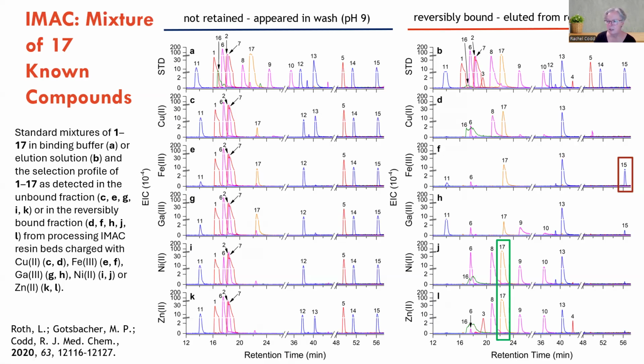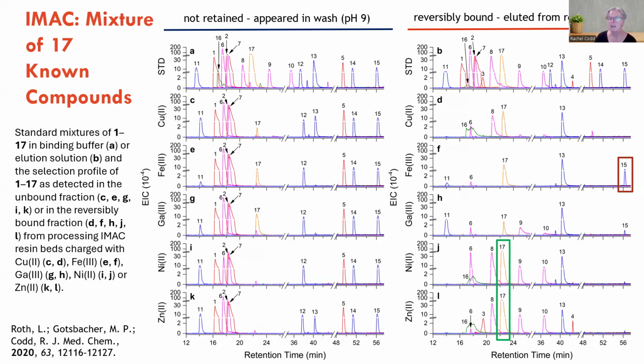It didn't bind to the copper resin. It bound in very low levels to the gallium. It didn't bind to the nickel, and it didn't bind to the zinc, or at very low levels. And you can see this appearing in the unbound fraction. So this is trending towards the fact that compound 15 is selective for the iron IMAC resin.